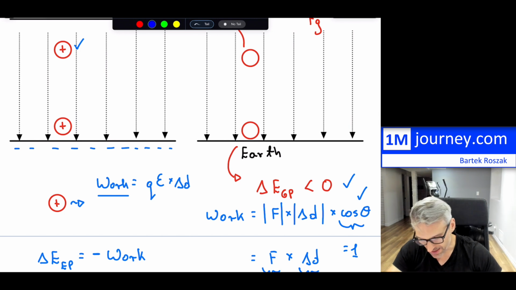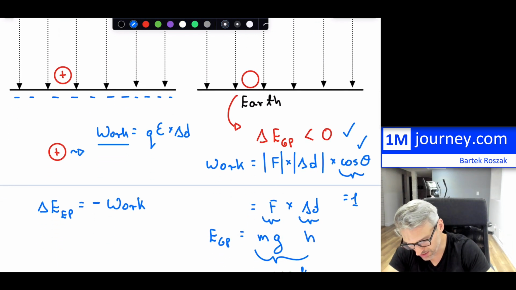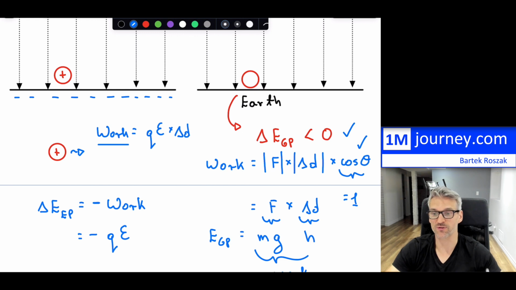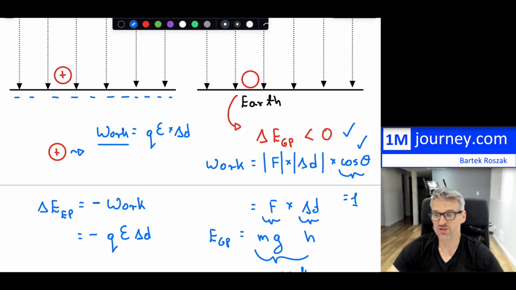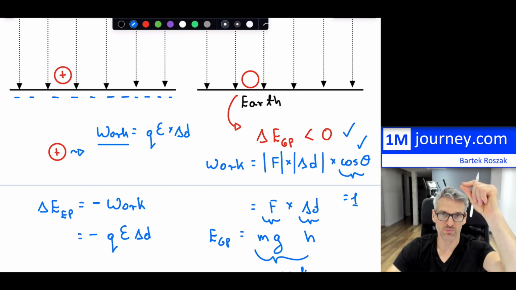Now, in the definition itself, if you substitute all of this in here, it would have been negative Q, so this is the positive charge, this is the magnitude of the electric field, which is in the direction of the motion, and then this is your displacement. So this is really the definition that you have, and the negative sign is just because it's a positive charge moving in the direction of the electric field.